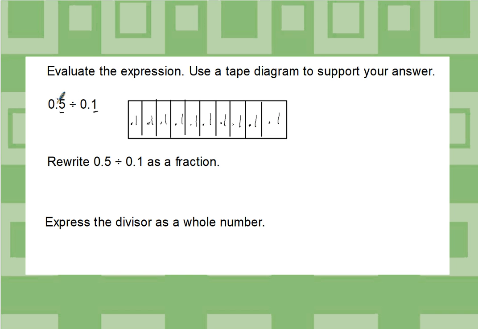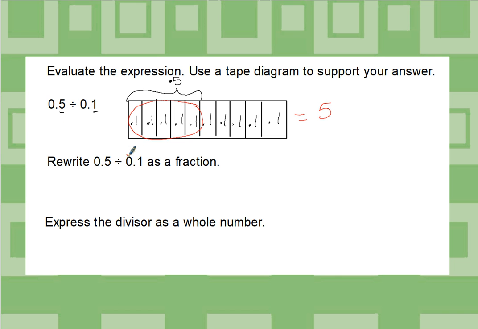But I only had 5. 1, 2, 3, 4, 5. So here is my 5 tenths. And the question is, how many of these 1/10ths fit in there? Well, it's just those right there. So it again equals 5.